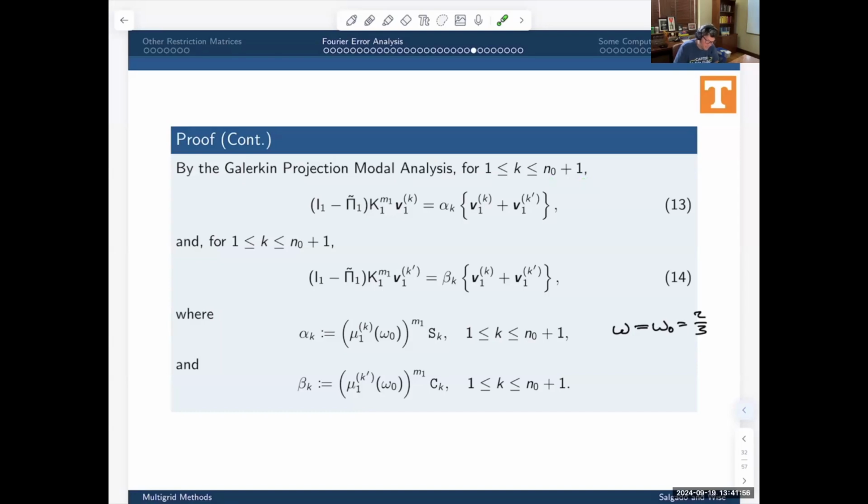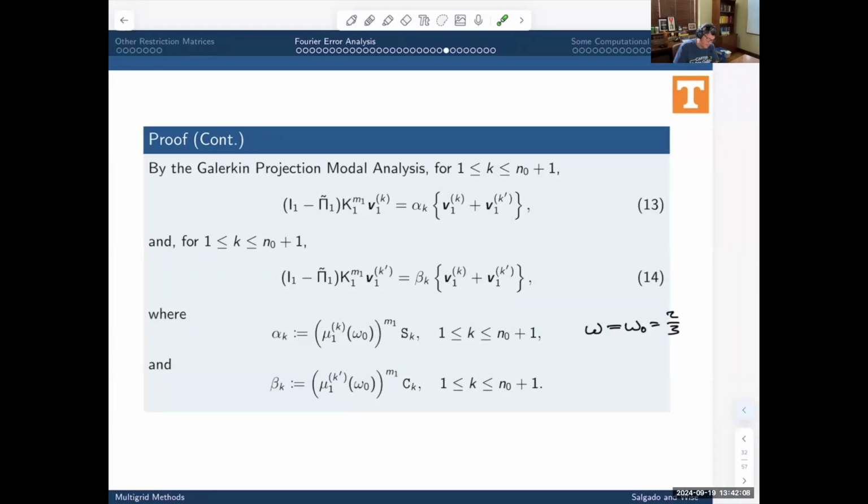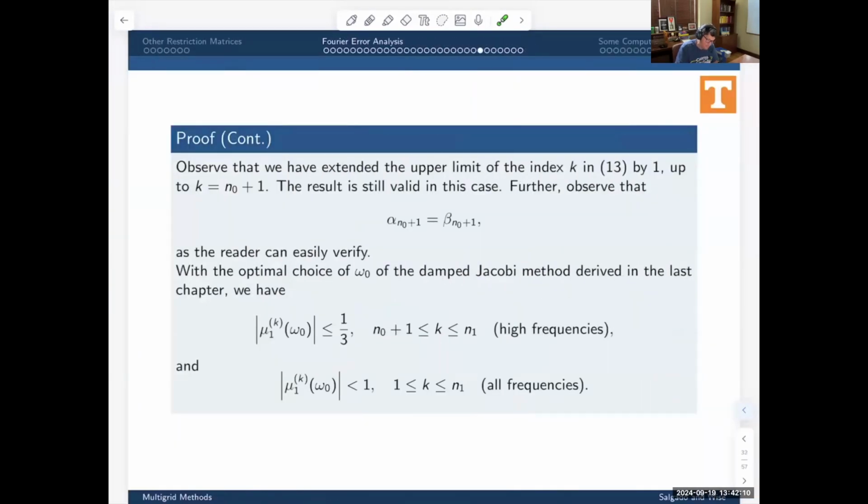And this result still turns out to be completely true. Okay, this result here, 13. 14, there's no change here. That's addressed here, that change in 13. But as I said, I'm not going to talk too much about that.